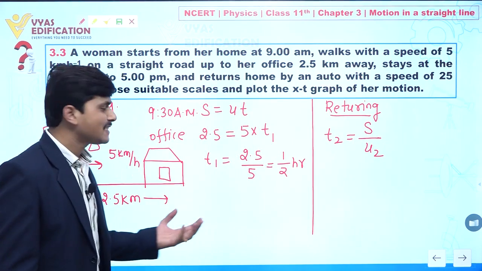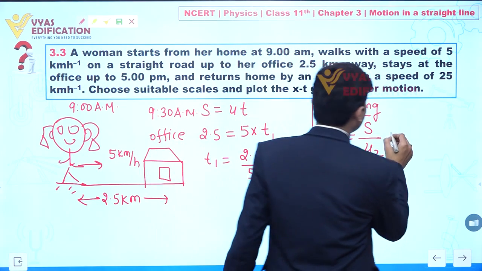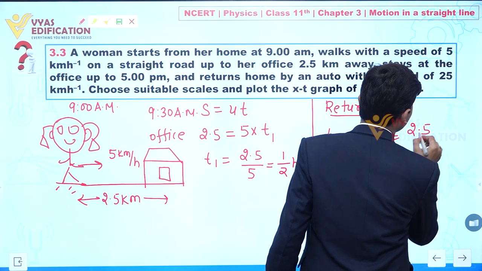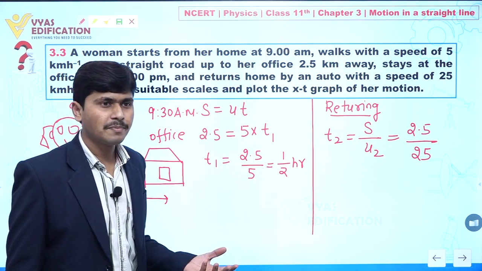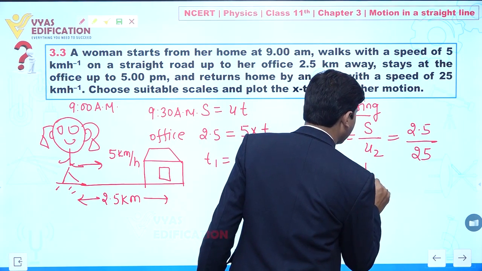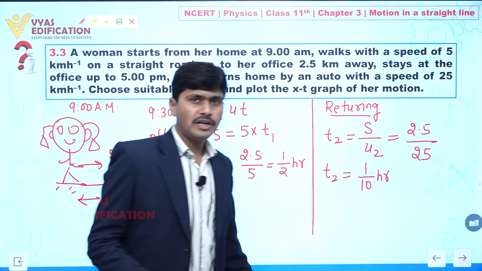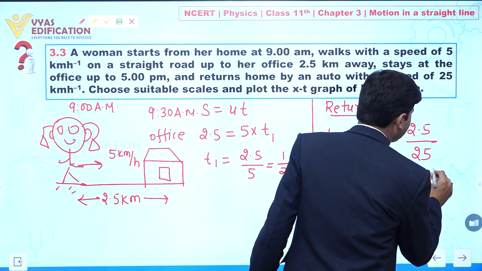The distance is the same because she is coming back home, so the total distance is 2.5 kilometers, but the speed of the auto is more, 25 kilometers per hour. So from here this is 1 by 10 hour, or if we convert to minutes, she will come in 6 minutes only.